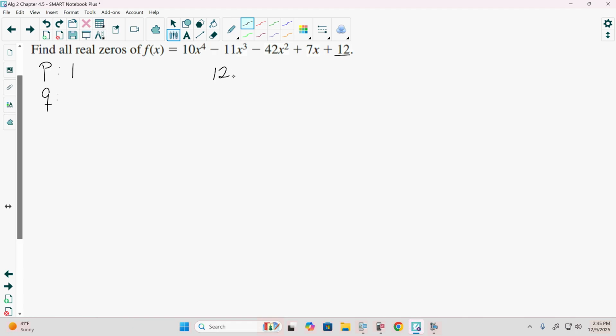So we have 1 and 12, 2 and 6, 3 and 4. Factors of q. Q is the factors of our leading coefficient, the number in front of the variable with the biggest exponent, and that number in our case is what? 10. So we do have 1 and 10, and we also have 2 and 5.